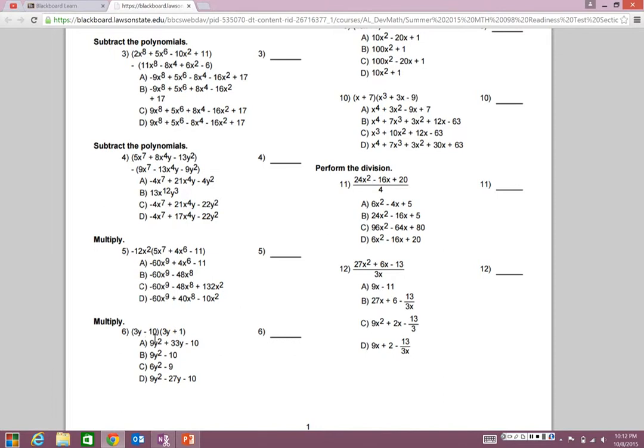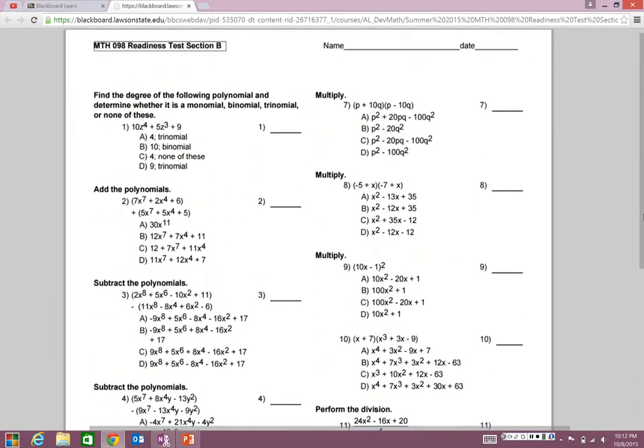So I'm not going to go over that one because there is a similar problem for number 7. So I'm going to do number 7 instead because it's one of those special cases that I really want to go over.